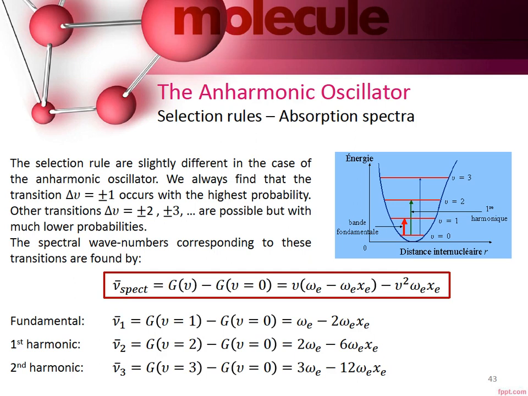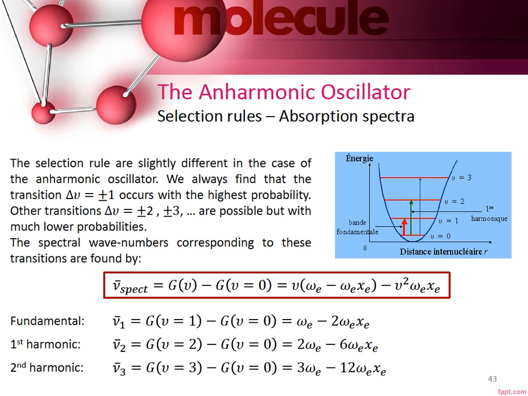But there is a possibility, which is not zero, and it gives the lines that correspond to the harmonics. Notice, harmonics here has nothing to do with the harmonic oscillator and anharmonic oscillator. These harmonics are just the lines that are multiples of the fundamental line.